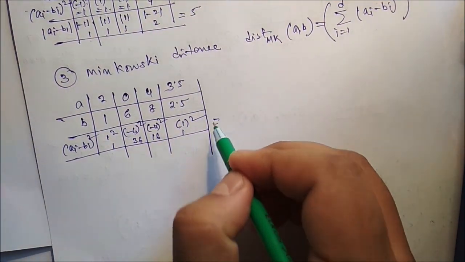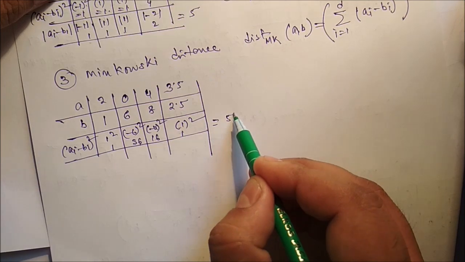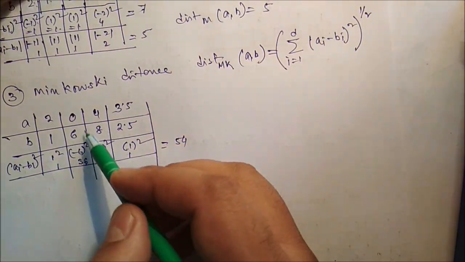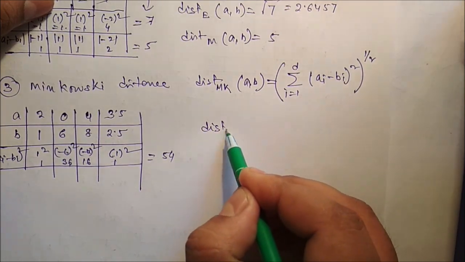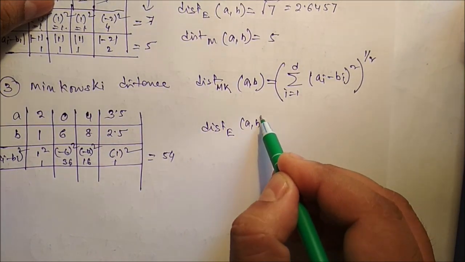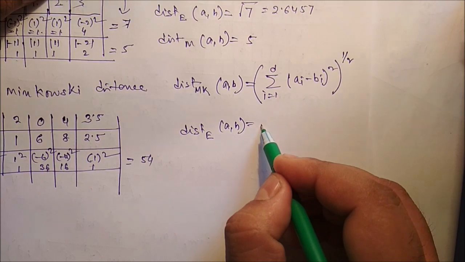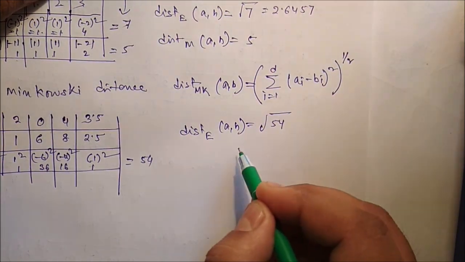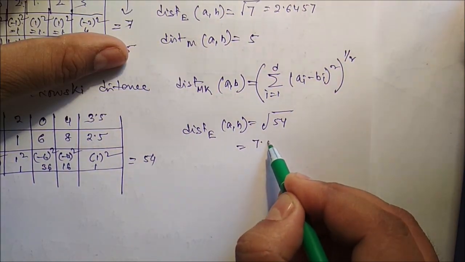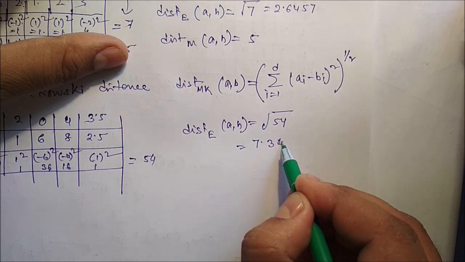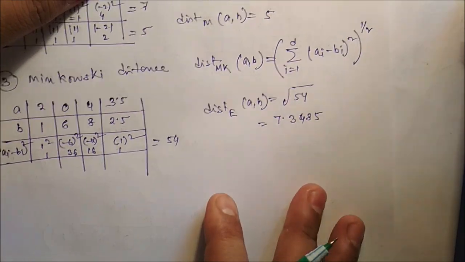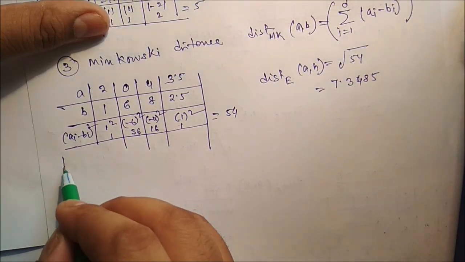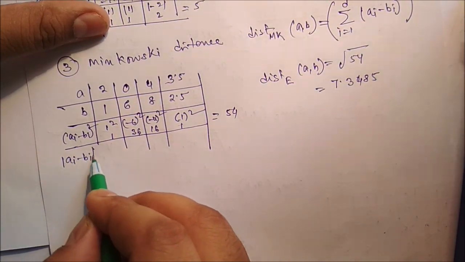If you add all this, the answer is 54. So the Euclidean distance between A and B is square root of 54, which is 7.3485.